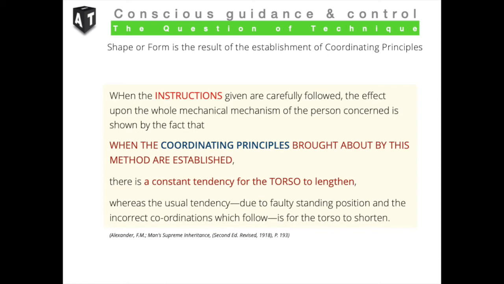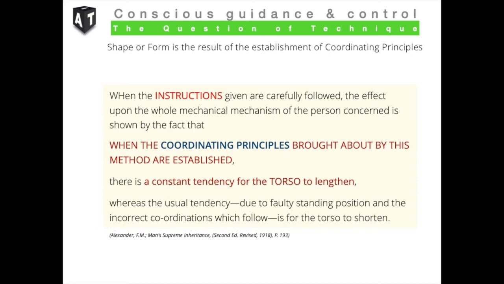And he says that when the instructions given are carefully followed, the effect upon the whole mechanical mechanism of the person concerned is shown by the fact that when the coordinating principles brought about by this method are established, there is a constant tendency for the torso to lengthen. Whereas the usual tendency, due to faulty standing position and the incorrect coordination which follow, is for the torso to shorten. It's good to stop a little moment and have a look at this statement.